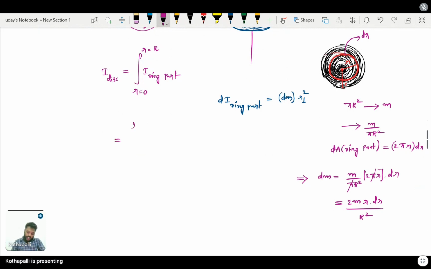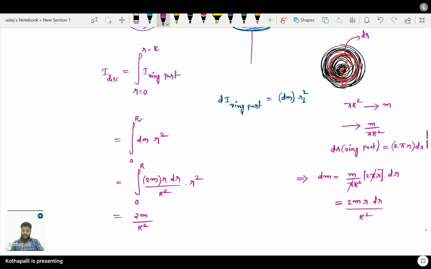Then if I substitute here, dm into r square from 0 to capital R, it will be the integral of dm, which is 2M r dr by capital R square, into again small r square from 0 to R. Take the constants out. 2M by R square is constant.